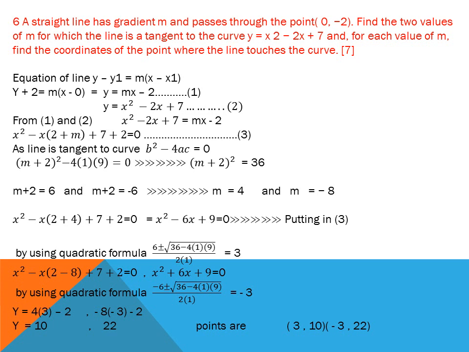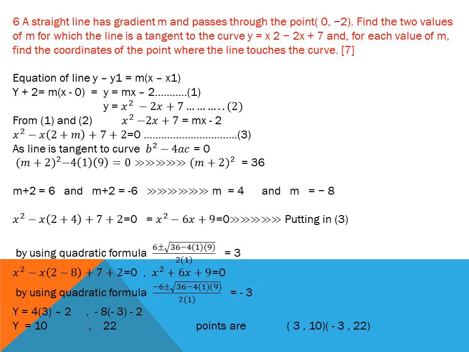I applied the formula y minus y1 is equal to m into x minus x1. So y1 is minus 2 and x1 is 0. From here I found that y is equal to mx minus 2, which is equation number 1.